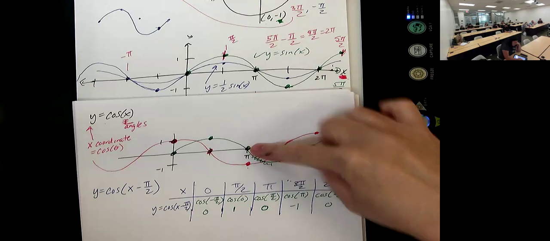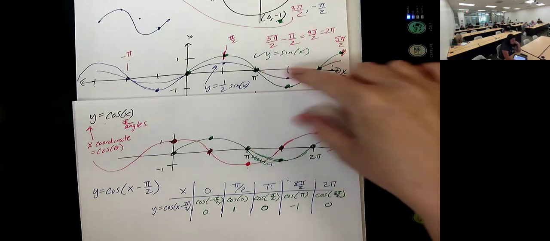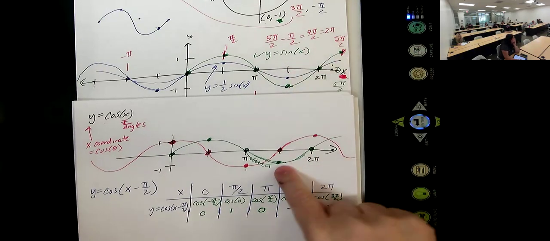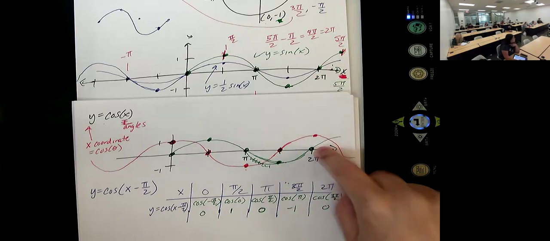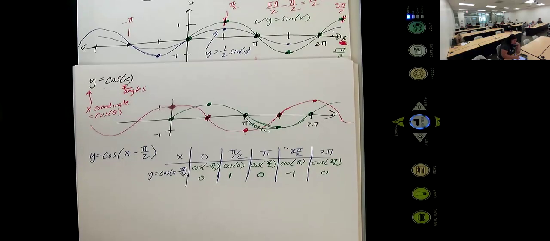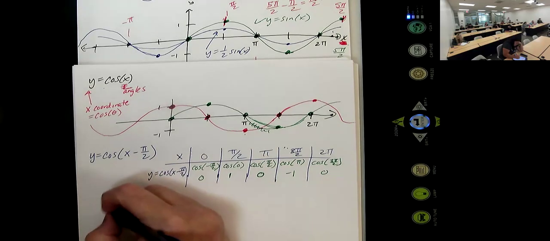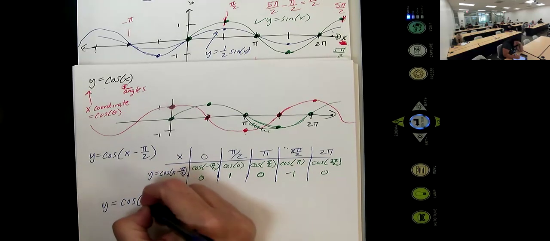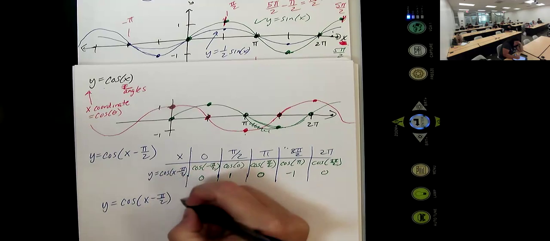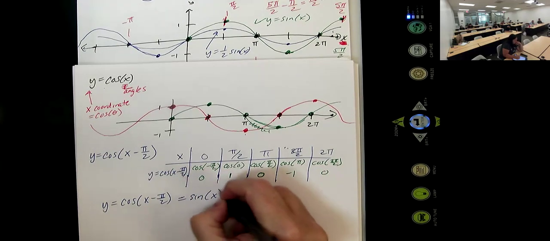We had pi and 0. We had 3 pi over 2 and -1. And we had 2 pi is 0. In fact, this is identical. It's not even close, it's identical. Y equals cosine of x minus pi over 2 equals sine of x.